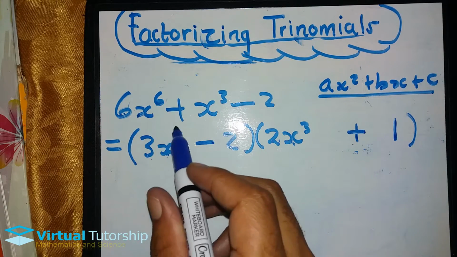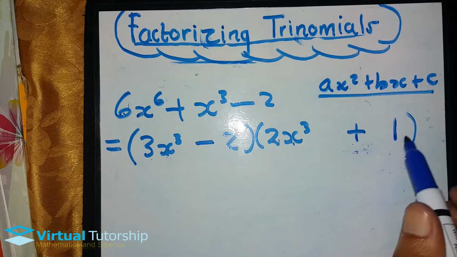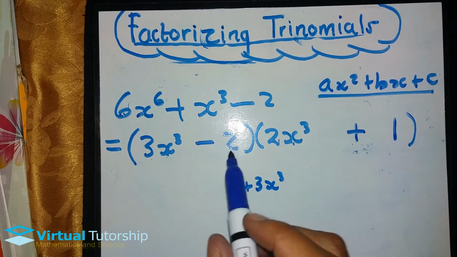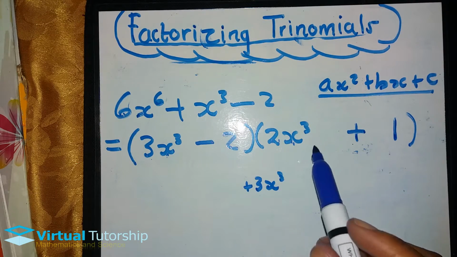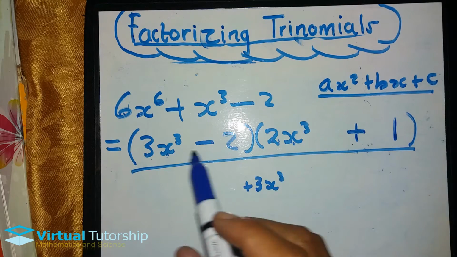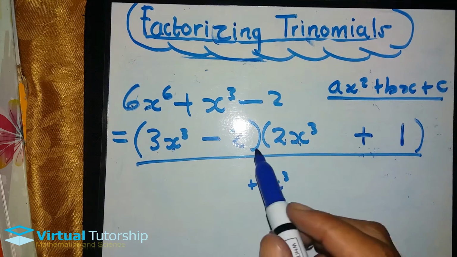So bheka nangimultiplya with 3x cubed no 1 ngithola a positive 3x cubed. Nangimultiply this minus 2 ngifuna ukucheck ukuthi ama-bracket wami correct by testing for i-middle term yami, ne?